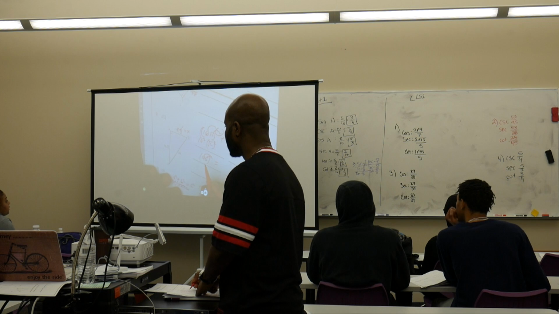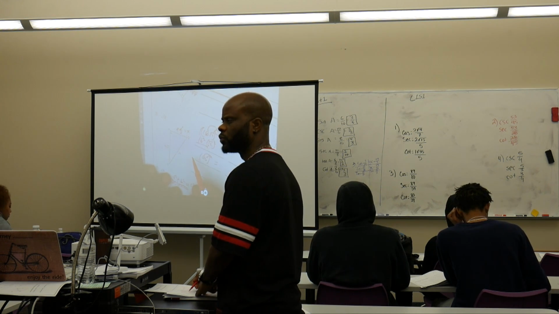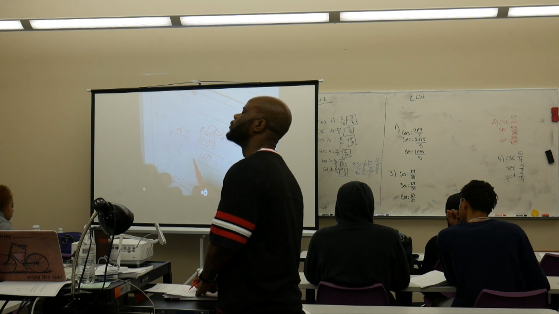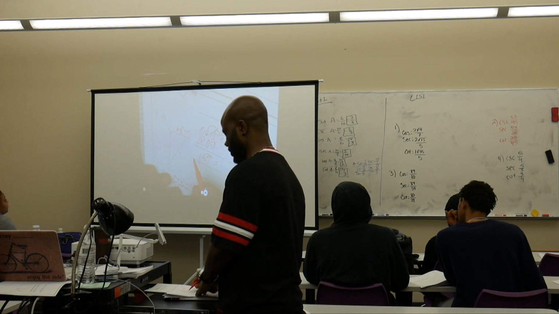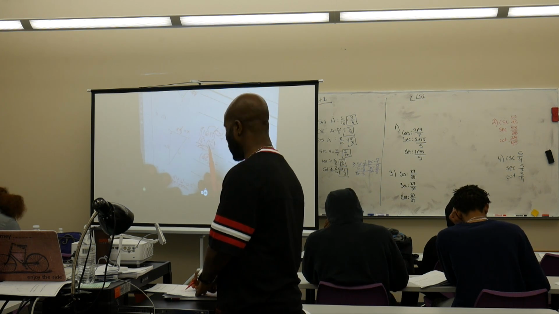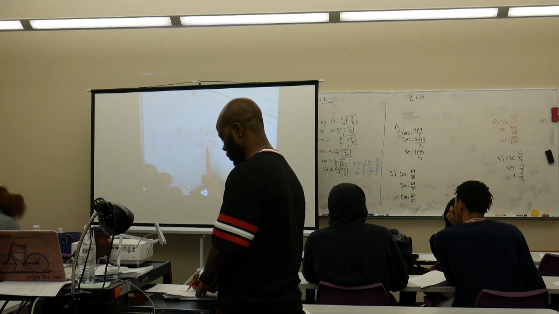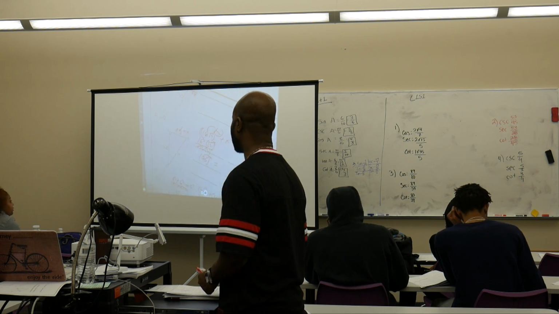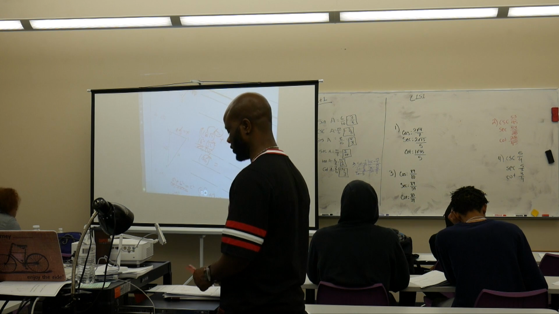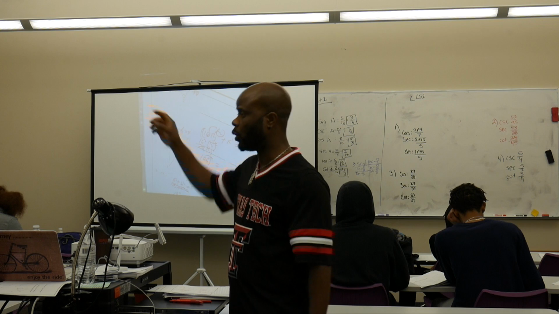So 16 squared is a number. What is that number? 256. Now the square root of 2 squared is what? 2, because the square root and the square go away. So you multiply 256 by 2, which is 512.